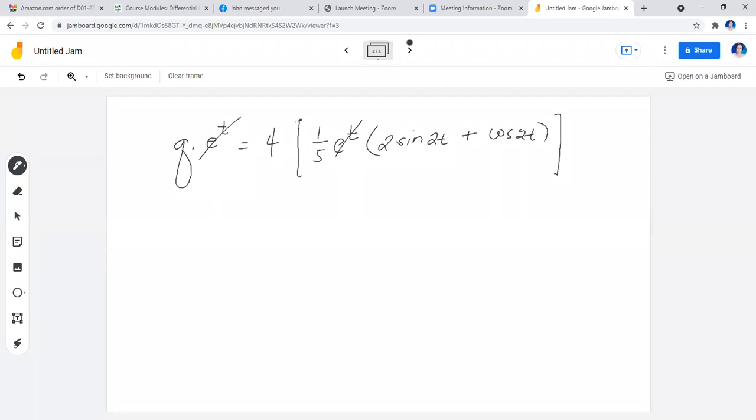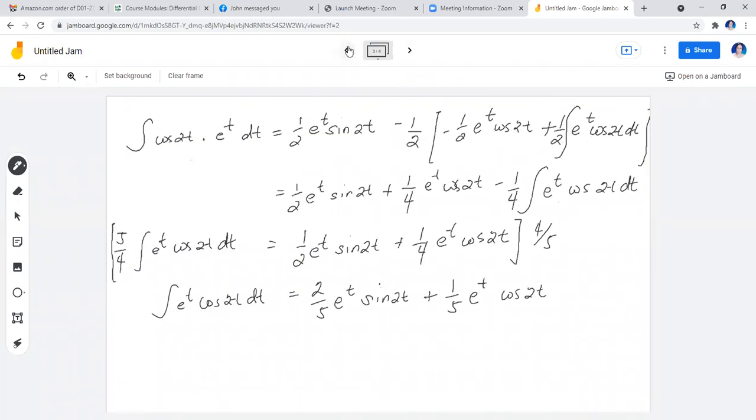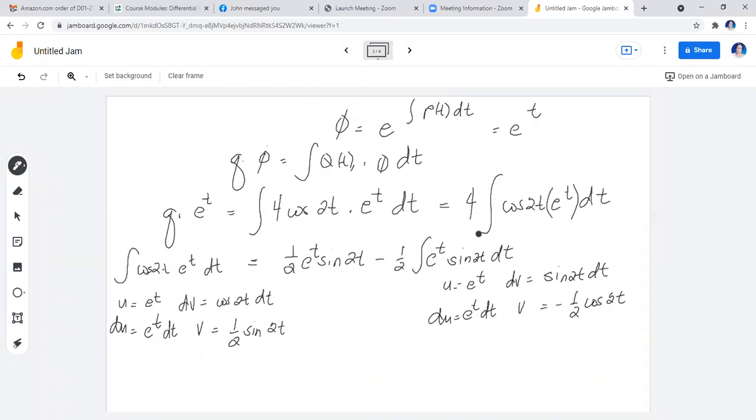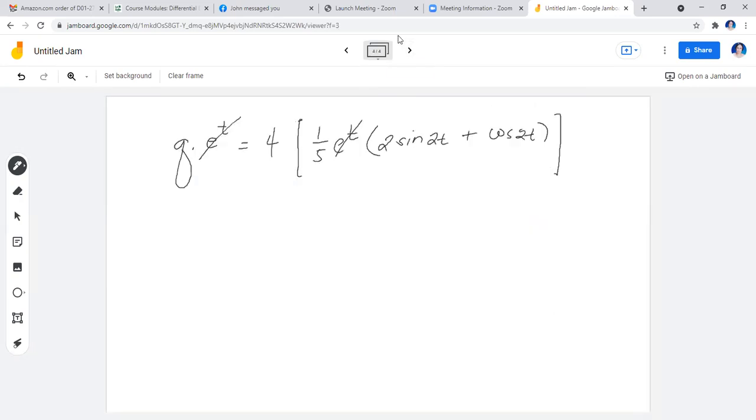Actually, however, class, let's not forget that in here, this is an integral, an indefinite integral, and there has to be a constant of integration c that should be placed here. So I'll place here c. If that is the case, then we are not allowed to cancel the e raised to t. What we can do is we can divide by this. That way, we isolate the q expression on the left side.